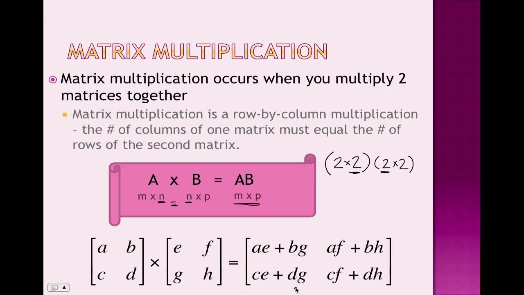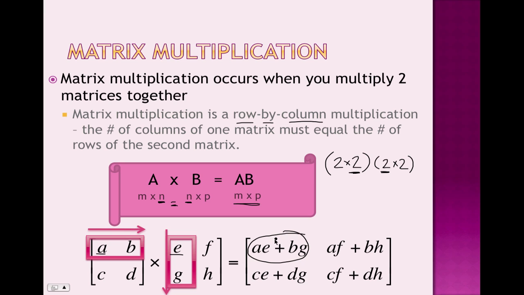Remember, I said earlier that matrix multiplication is a row by column kind of multiplication. What that means is we are going to multiply across the rows of the first matrix and down the columns of the second matrix. For our first entry, we're going to go across our first row and multiply the individual positions. So A times E, and we're going to add that to B times G. That's going to be our first entry of our multiplied matrix.